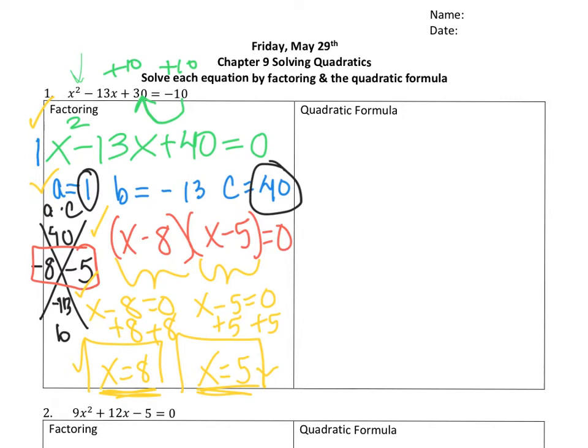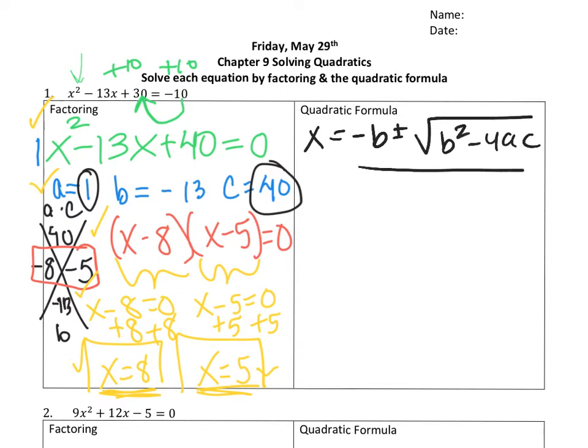So remember, the quadratic formula is when we have x equals negative b plus or minus the square root of b squared minus 4ac all over 2a.